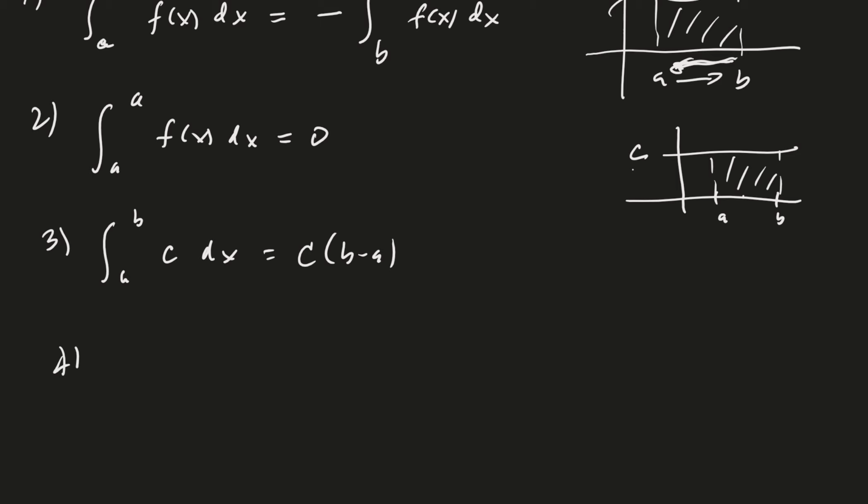Number 4. What happens when I integrate f of x plus or minus g of x dx? Well, the integral really is a sum, right? And so when you take the sum of a sum, you can rearrange the sum pretty much, generally speaking, any way you want.